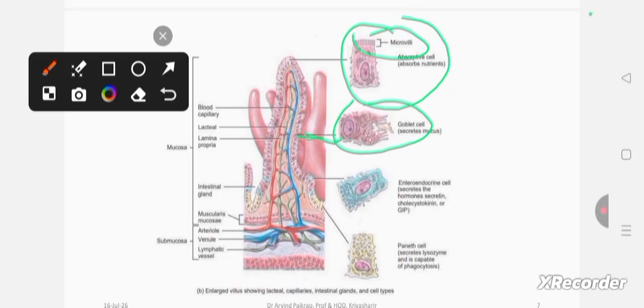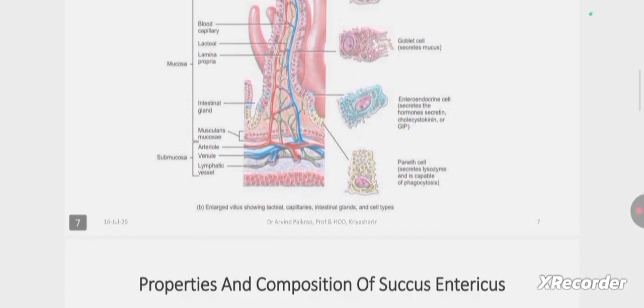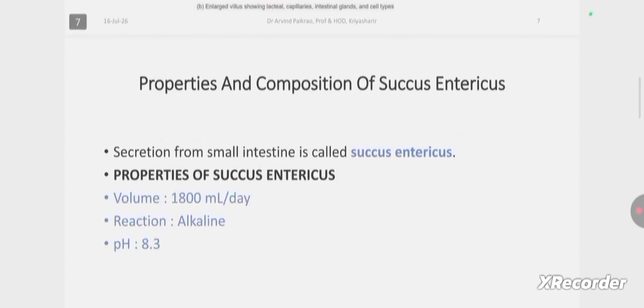Then the next cell is the enteroendocrine cell, which secretes certain hormones, secretin and cholecystokinin. Then the Paneth cell is here. It secretes cytokines, which have a defense mechanism like phagocytosis. So these are the special features of the three glands present in the intestine.